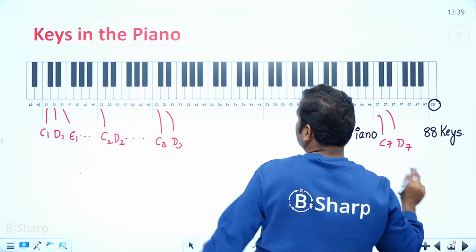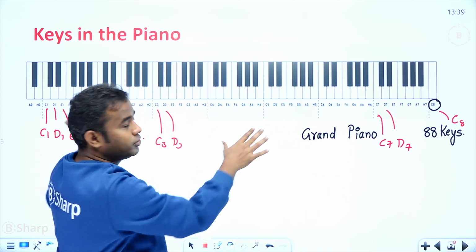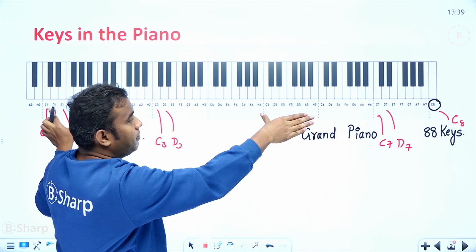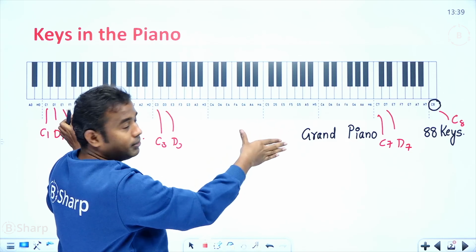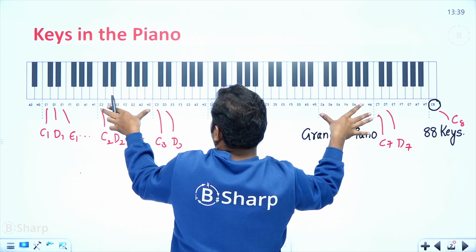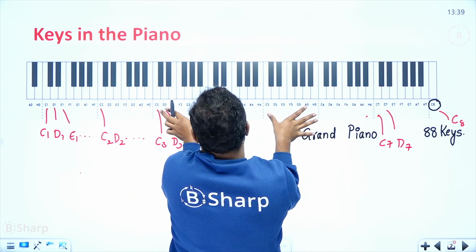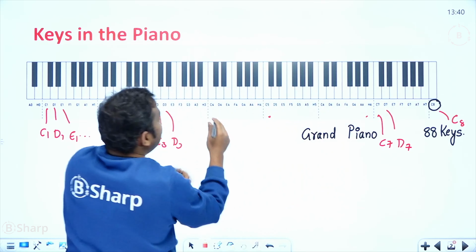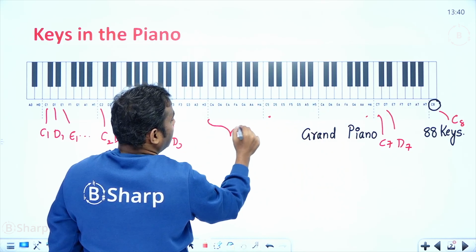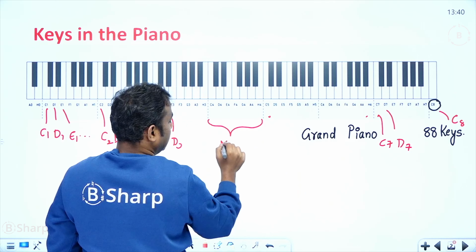I'm trying to divide the complete piano keyboard into a middle form. This is one octave from here, and one octave from here. I'll leave it. One octave from here, one octave from here. Now I have equally divided this, and I got the middle octave.